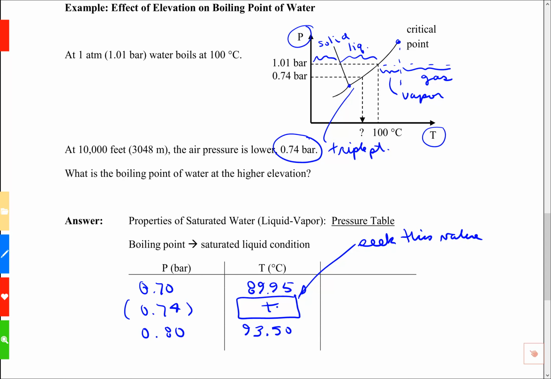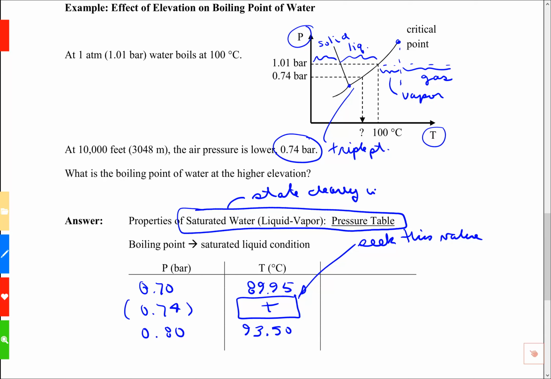Now before I stop looking at that table, I want to remind you that you need to carefully say which table. That usually includes the source, say a book, the title, the table, and the page number.